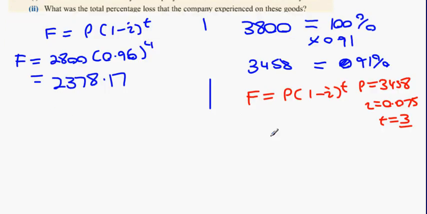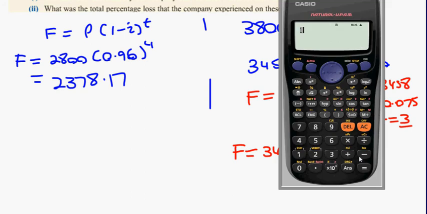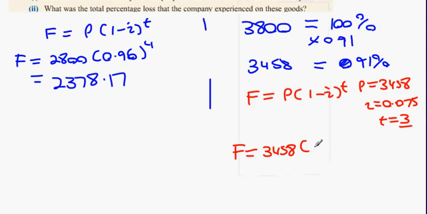So 1 minus 0.075 is 0.925, so 0.925 to the power of 3.